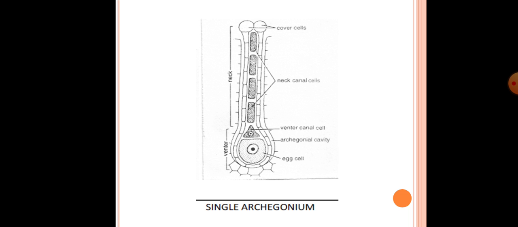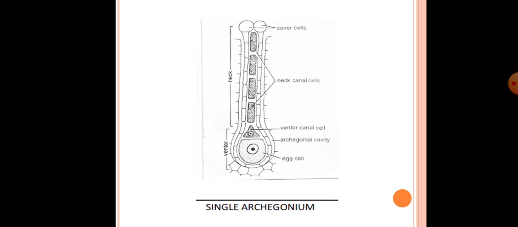These cover cells become somewhat loose, and they form a passage through which these anthrozoids go inside the archegonium. Through the neck canal cells, this anthrozoid, that is male gamete or male nucleus, passes towards the ventral region, and here the fertilization takes place. That means the male nucleus fuses with the female nucleus in the ventral region.